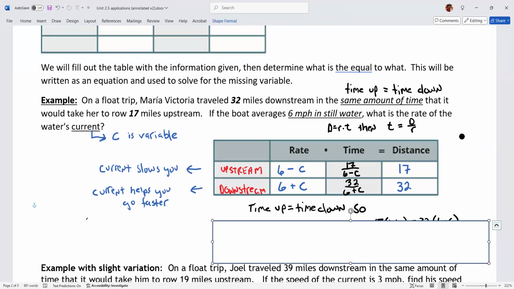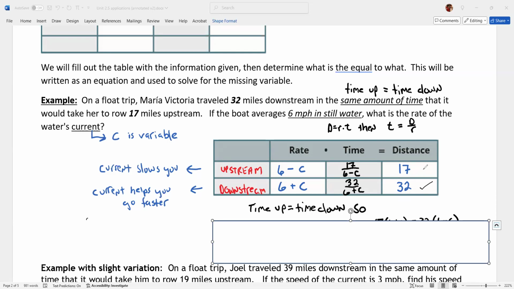Now let me grab my writing tool so I can annotate some stuff. Okay, so when I read the problem and I've got upstream and downstream, it tells me that it's 32 miles downstream. So I'm going to put the distance 32 right here in the downstream distance, in the same amount of time that it would take her to row 17 miles upstream.